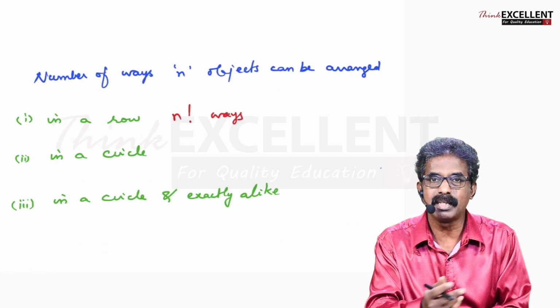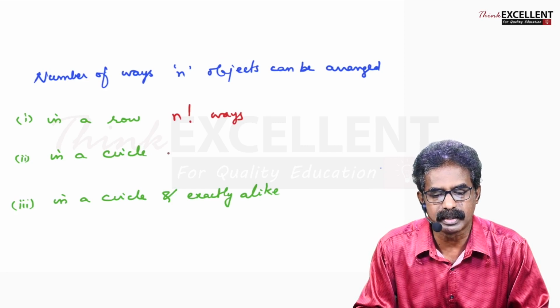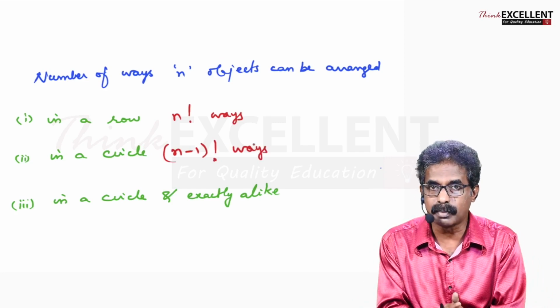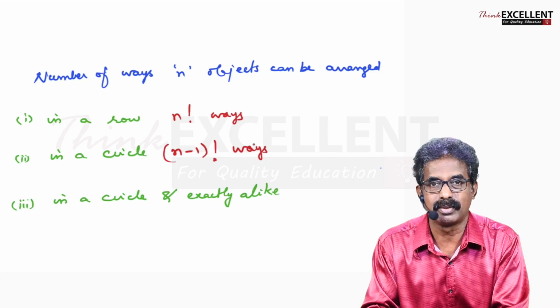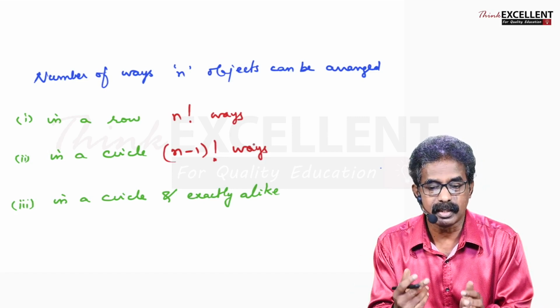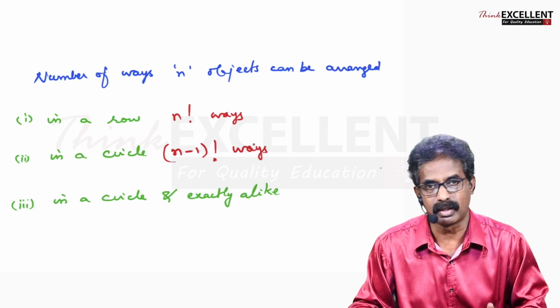But if you want to arrange them in a circle, that is called circular permutation. Reduce 1: the answer is (n minus 1) factorial ways. So n objects in a line can be arranged in n factorial ways; the same n objects in a circle, circular permutation, in (n minus 1) factorial ways.